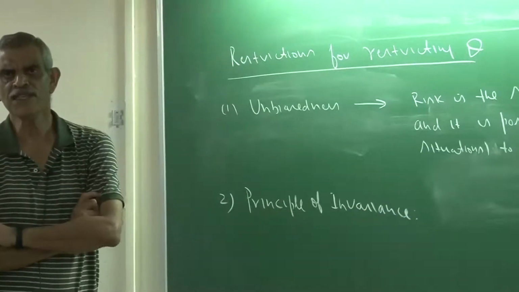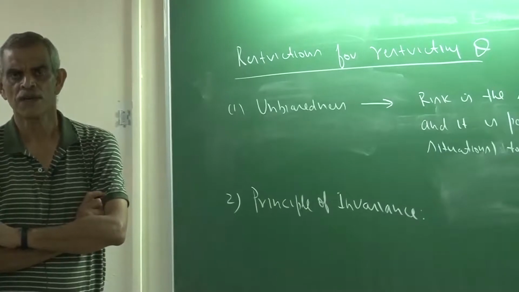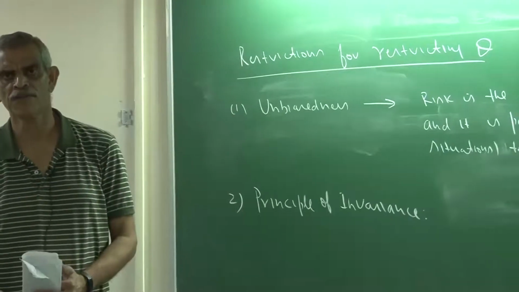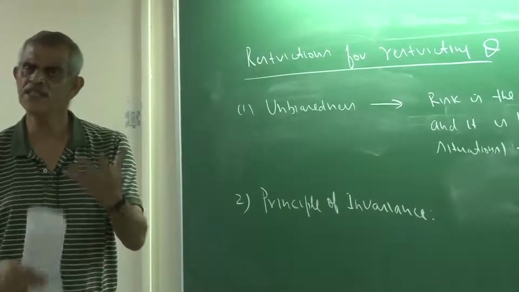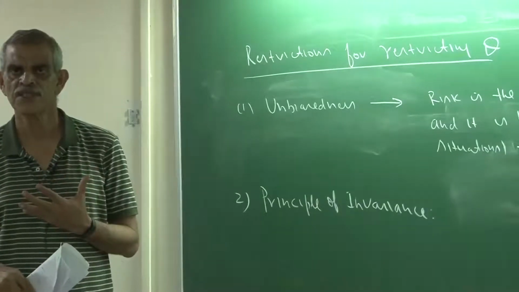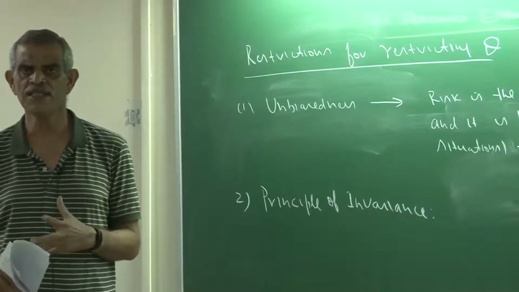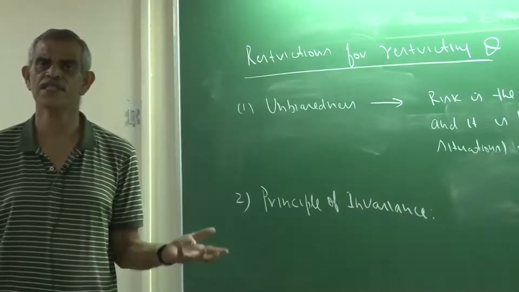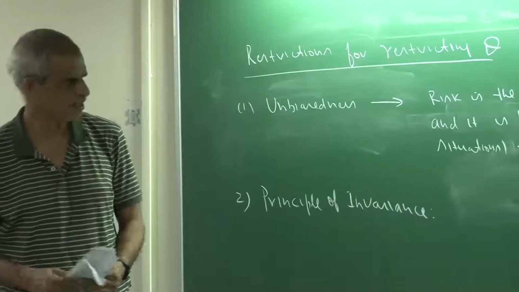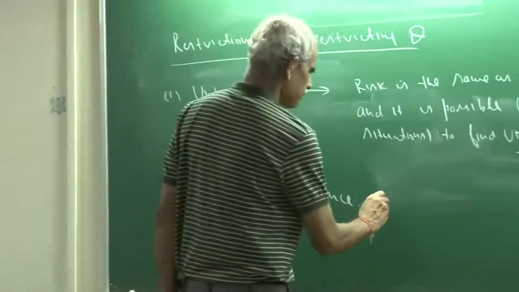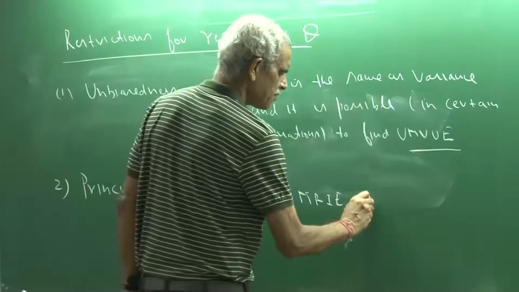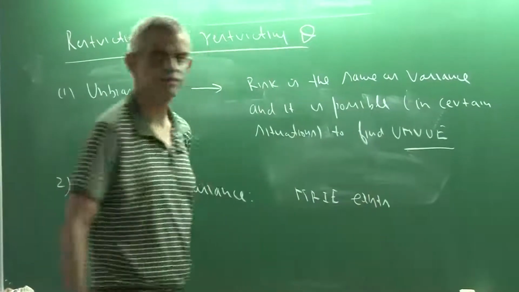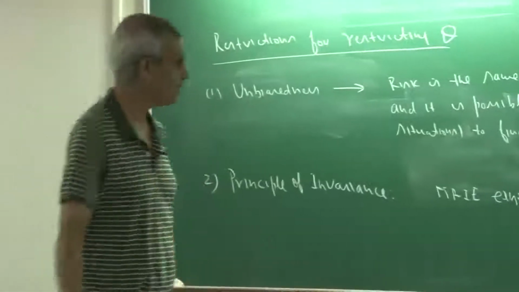Through the principle of invariance, if your estimation problem is invariant under a group of transformations, then you consider only invariant decision rules. And then you see that when you consider only invariant decision rules, in certain situations it is possible to find the best rule. So a minimum risk invariant estimator exists in certain situations.